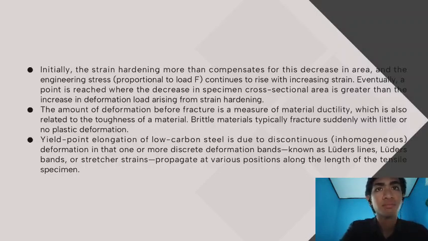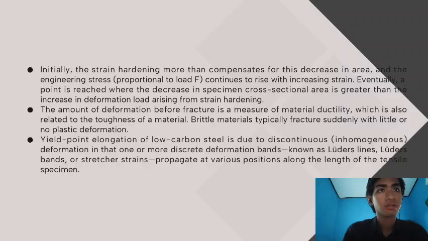Some metals, particularly annealed low carbon steel, do not have a gradual transition from elastic to plastic behavior. Instead, the yield point fluctuates about some approximately constant value of load and then rises with further strain.